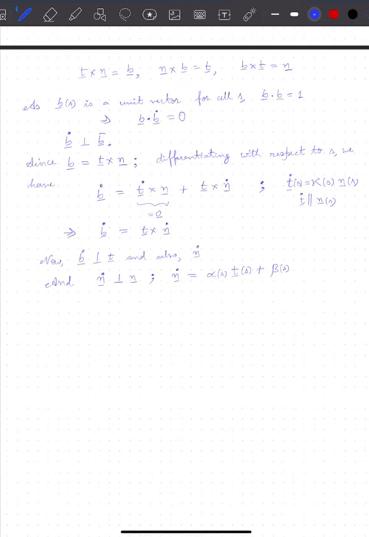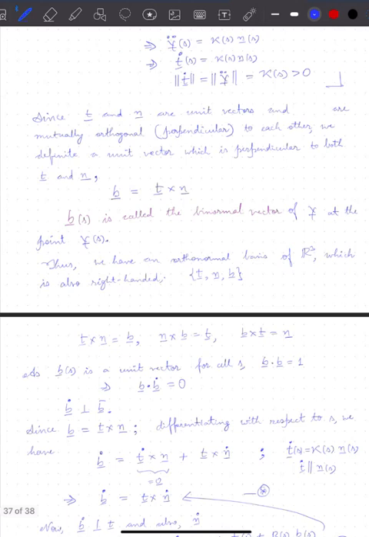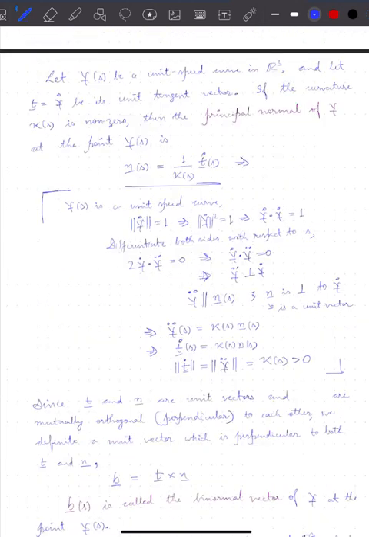So putting this here, what we have is B dot equal to T cross, so maybe I'll just call this star, double star. So substitute, and let this always be stored.